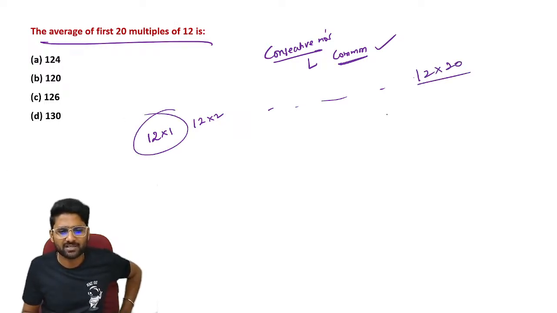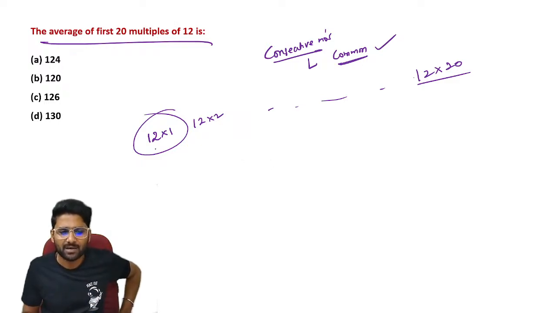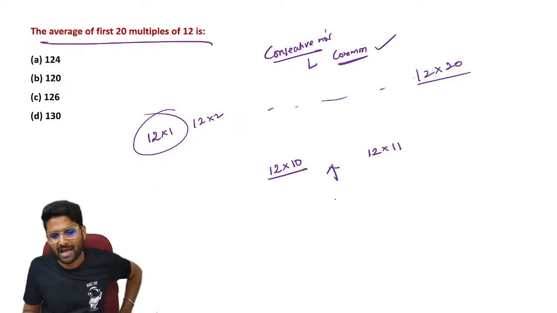My suggestion: in any consecutive number concept, the average lies in the middle position. So the middle position from 1 to 20 numbers is 12 into 10 and 12 into 11. You can see the average exactly here.